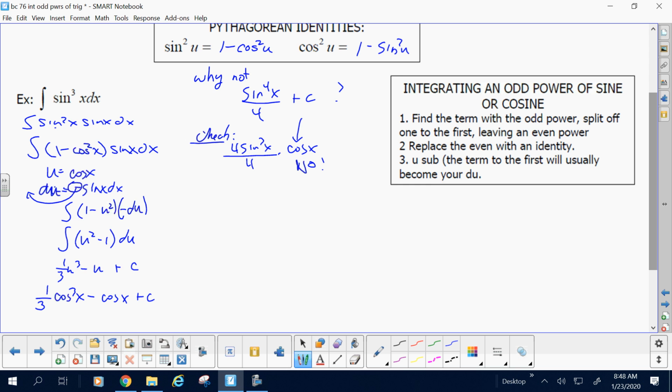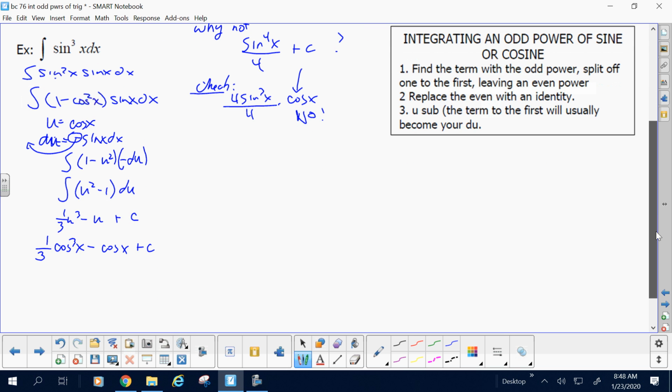If you wanted to check that, you would see that it's 1/3 times 3 cosine squared times a negative sine plus a sine, and with a little bit of substitution, replacing cosine squared with 1 minus sine squared, it would eventually get there.